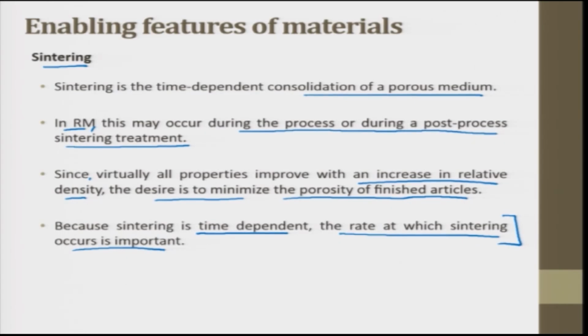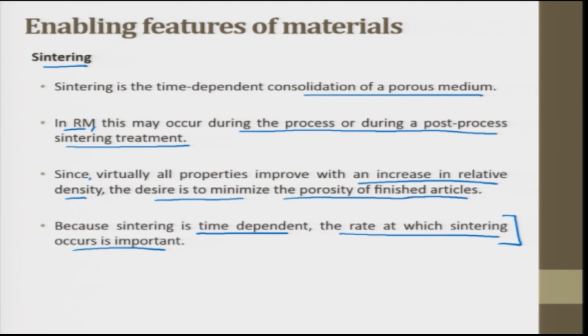Metals and ceramics sinter at rates much too slow for the phenomenon to occur during actual part build. However, polymers sinter at higher rates, which may be consistent with the specific rapid manufacturing processes. That is what polymers do.